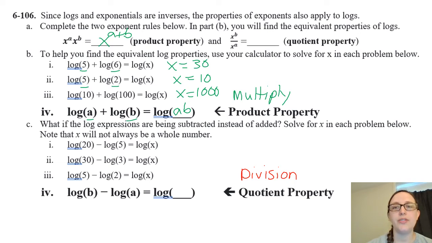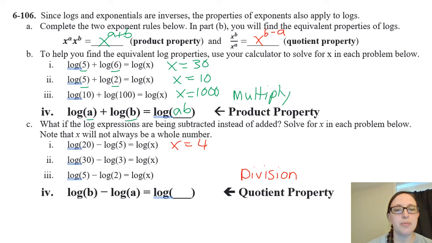If we are dividing x^b over x^a, we can combine them to just be x^(b minus a). Then we use it for logs. Log of 20 minus log of 5 would be log of 4, because 20 divided by 5 is 4.